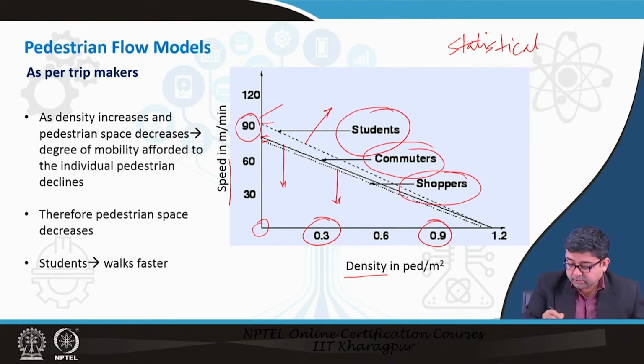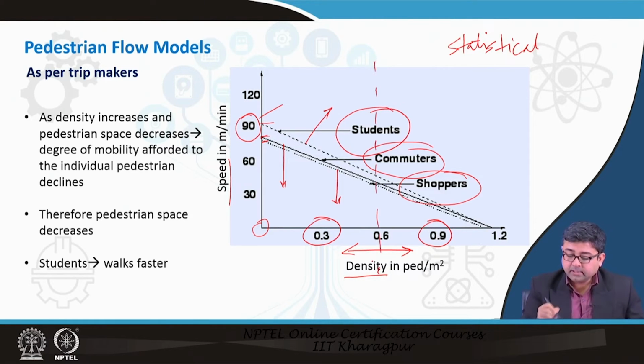We are saying that the slope of this line is constant, whatever the density. However, people have found that there is a cutoff point at a certain density where the model has a different regime. For example, the slope may be this, whereas after that point the slope may be very steep.